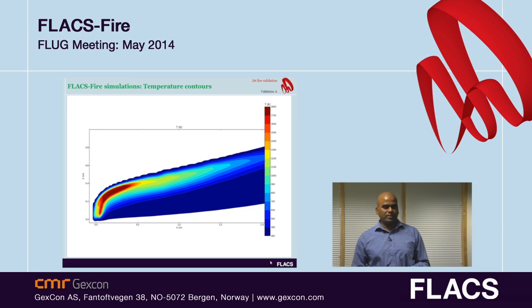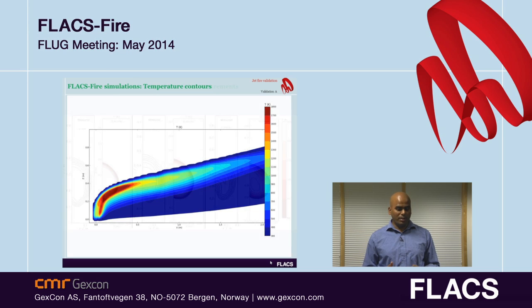The FLACS-Fire simulations are performed. This slide shows the two-dimensional temperature distribution along the cross section of the release. Here FLACS-Fire nicely predicts the flame length. The experimental and the simulated flame length agree very well.